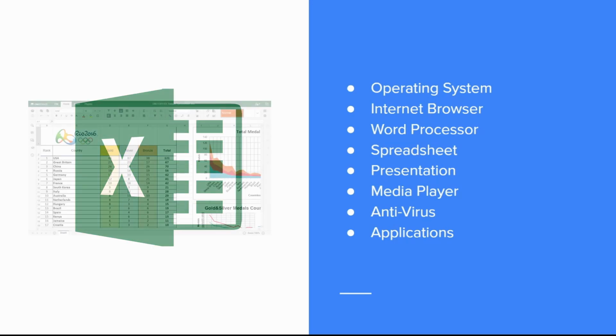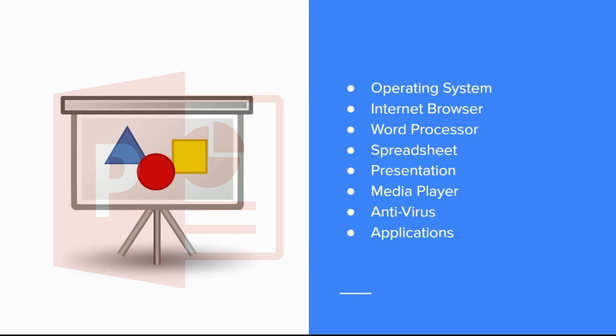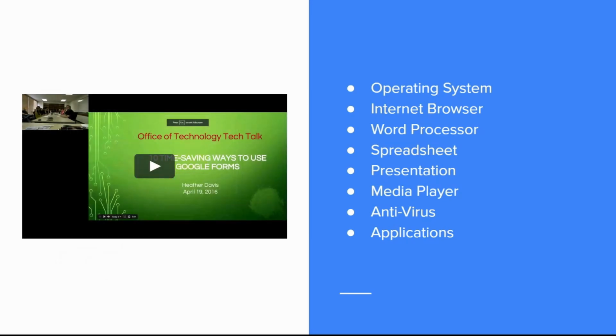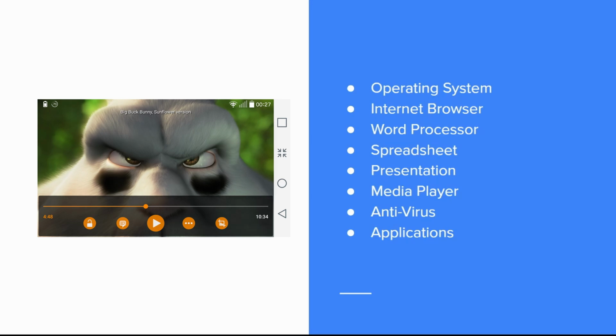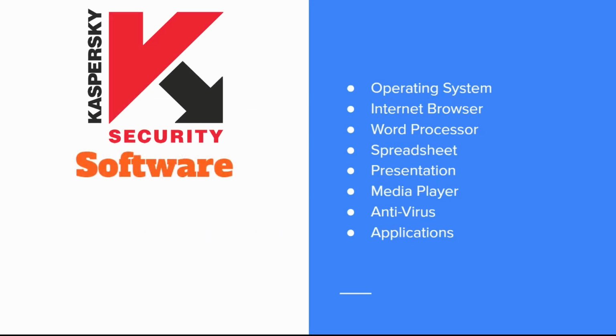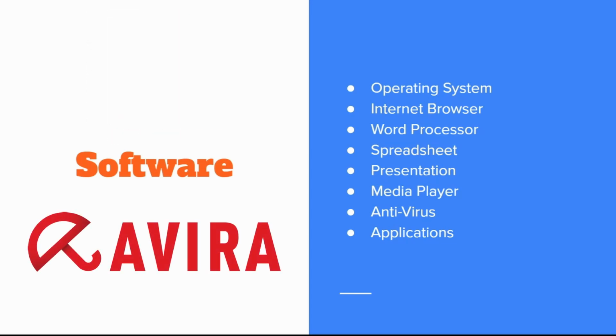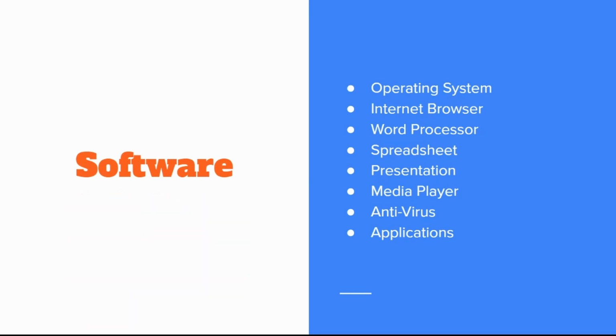Spreadsheet is like for accounting. Then presentation, the one that I'm using, so that you can show pictures, videos, and graphs. Media player is the one we use to play music or video. Antivirus are softwares that prevent hacking applications. These are other softwares besides the ones mentioned.